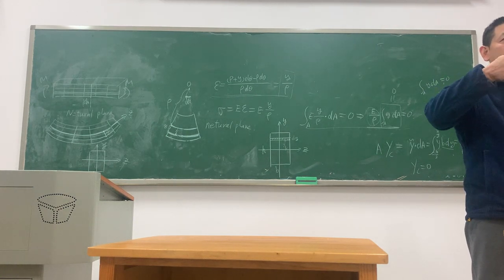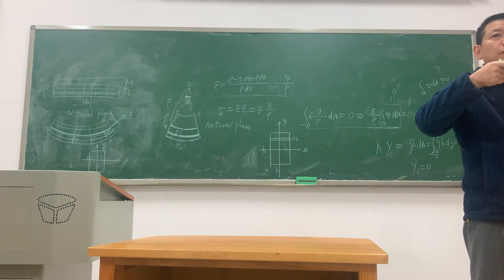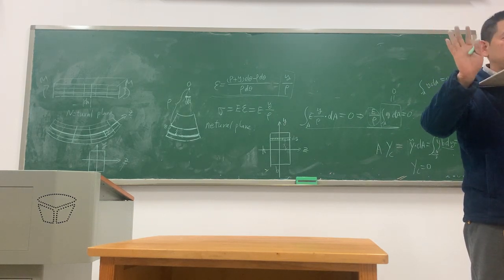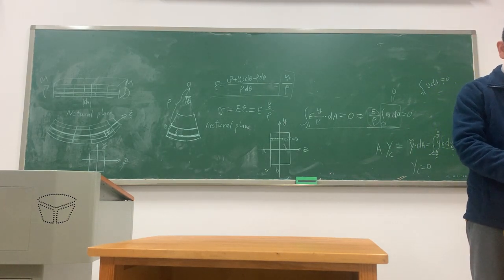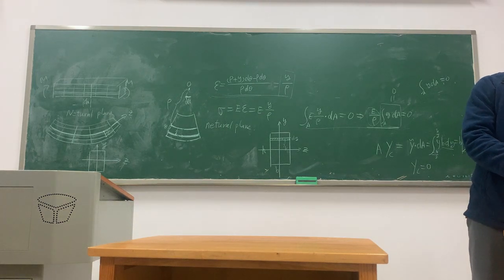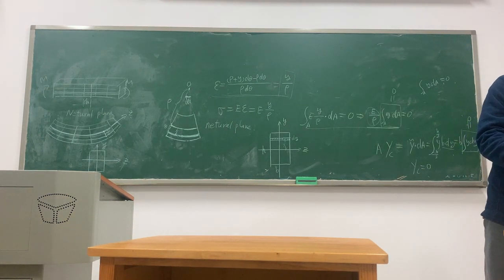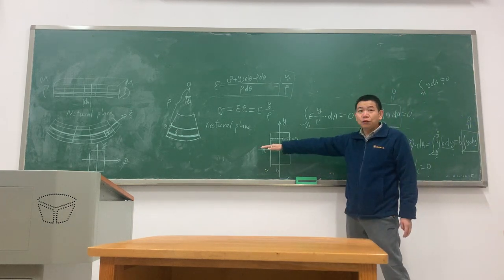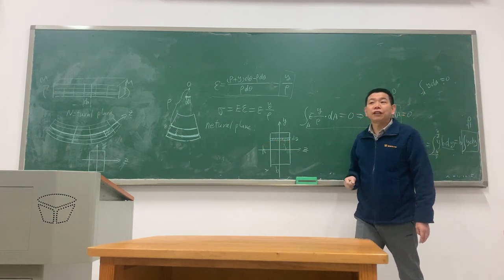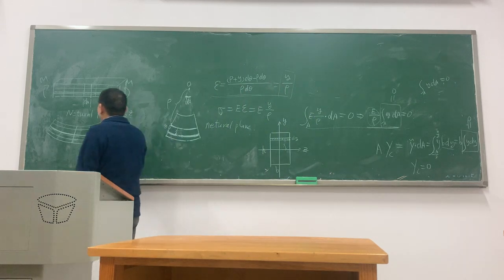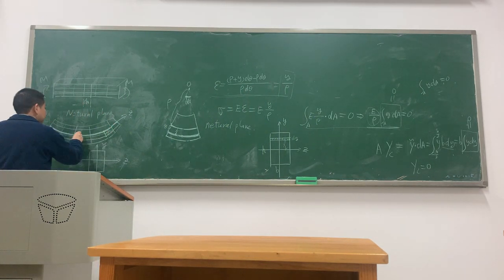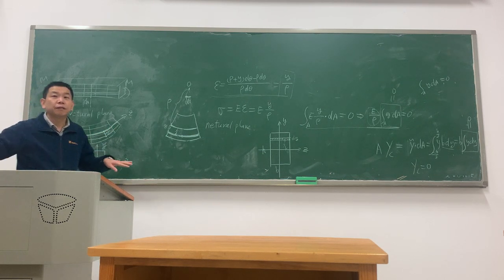So when the beam is bent, where is the plane whose length doesn't change? The middle plane. Because the neutral axis passes through the center, so we can know the neutral plane is the middle plane.